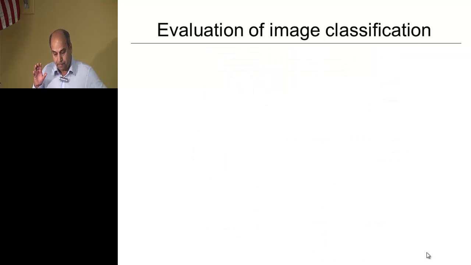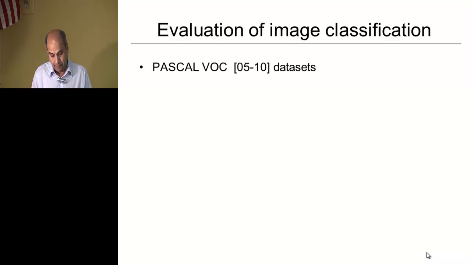So now we want to talk about how we evaluate how well you are doing, how well you are classifying. Okay, and there's a whole competition called the Pascal Competition, visual object classification.